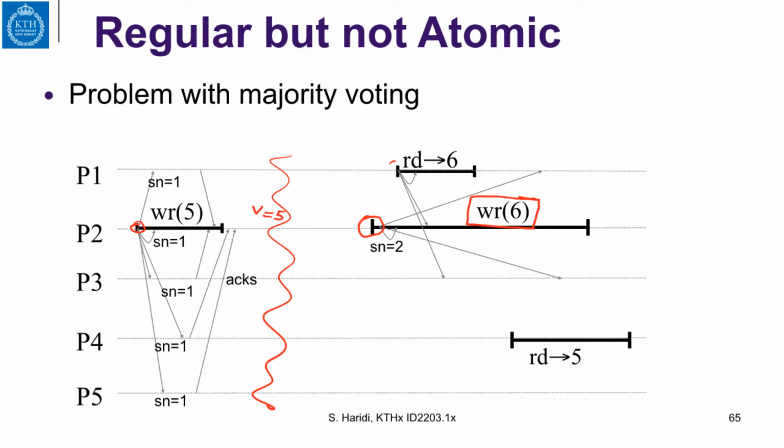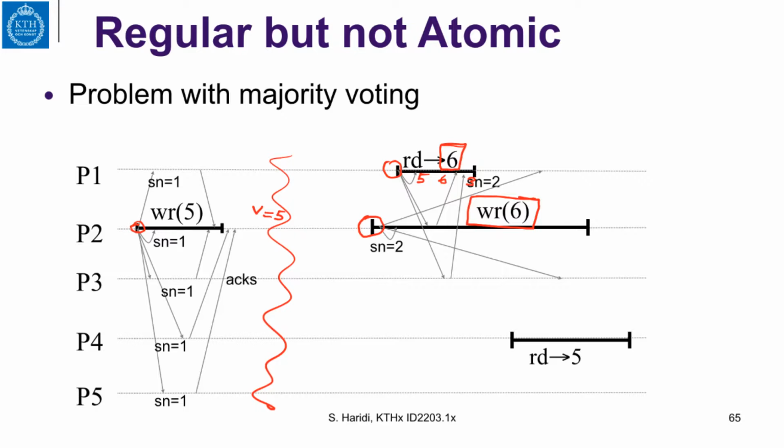Process 1 starts a query phase. At this point, it will get from itself a value of 5. It will get 6 from process P2, and it will get 5 from process P3. It picks the maximum value, which is 6, and that is fine, no problem.